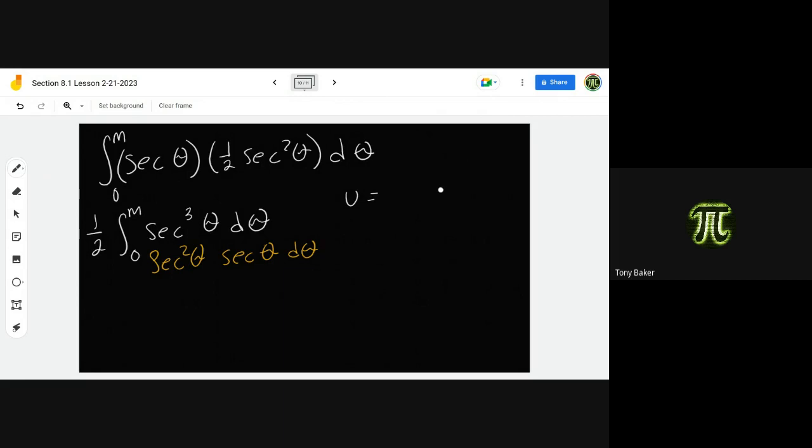And now I have to do my u, dv. Because these are long, I'm just going to write them underneath each other instead of next to each other. So we're going to set u to be this secant theta. And that means dv is secant squared theta d theta.